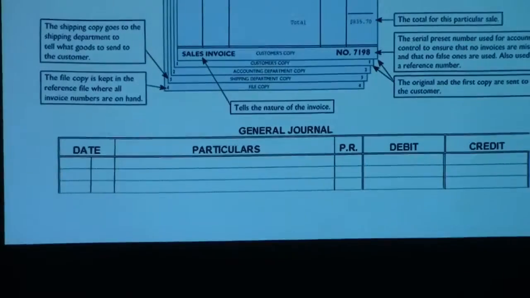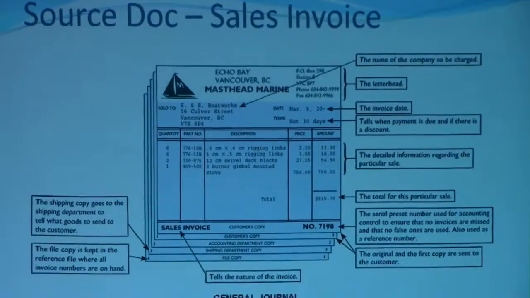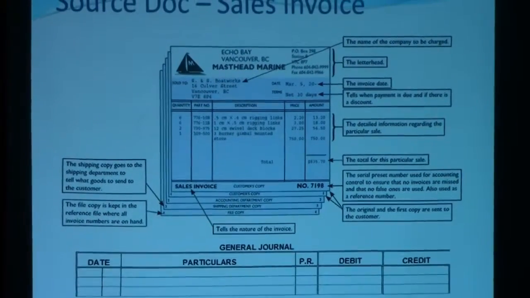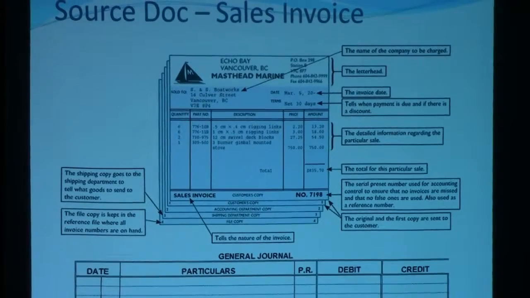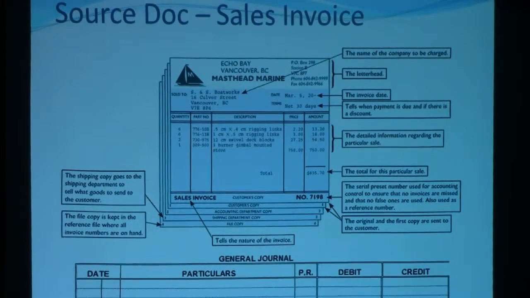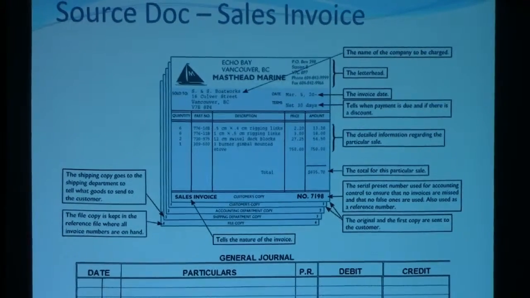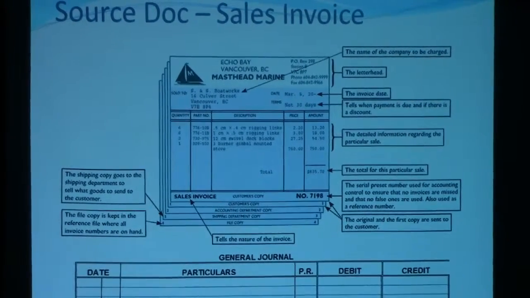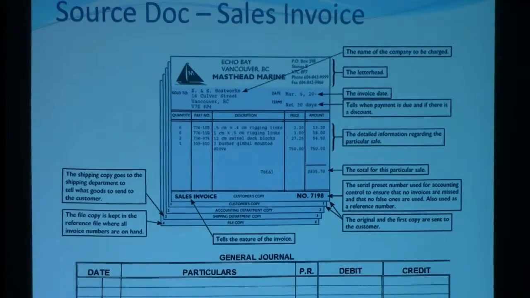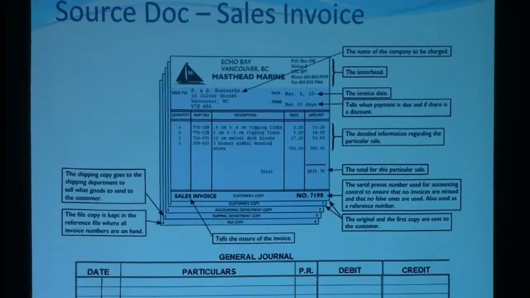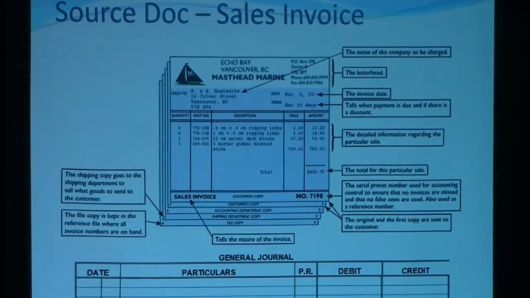The next example is a sales invoice. A sales invoice means that you have provided a service or some kind of a product to the customer, and the customer may take a few days to pay you. So at this point you record it as an account receivable, and when the customer actually pays you, you then record it into your bank account.